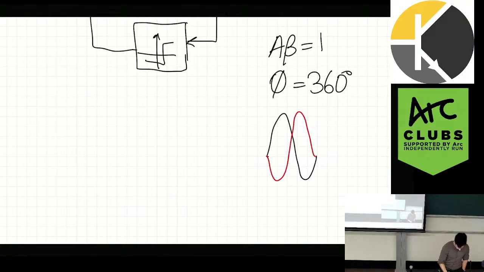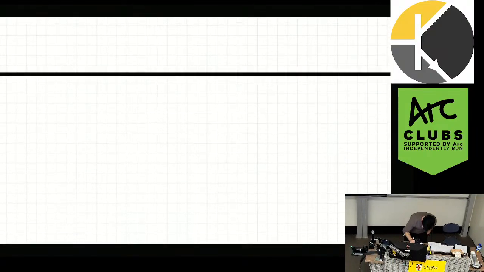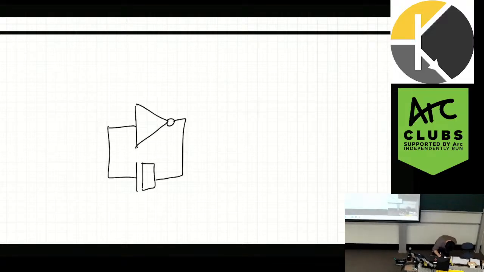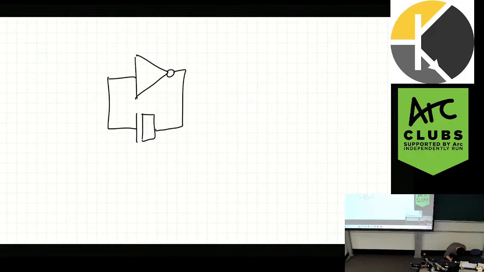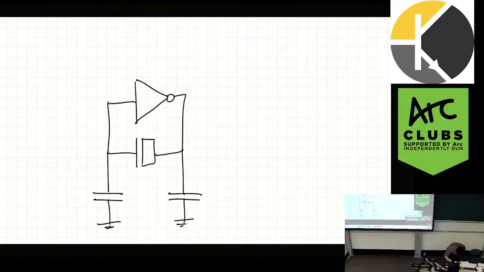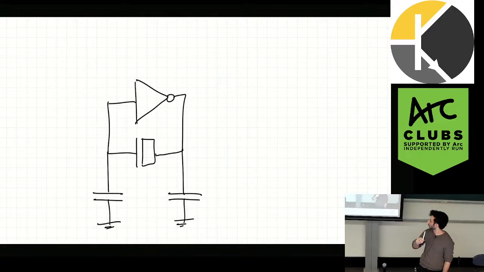Okay? So what I'll look at is a Pierce oscillator. So a Pierce oscillator looks like this. Now, what we have generally is a resistor in the feedback path, but I'll come back to that, right? That is a critical component, but just to keep it a little simple at the moment.